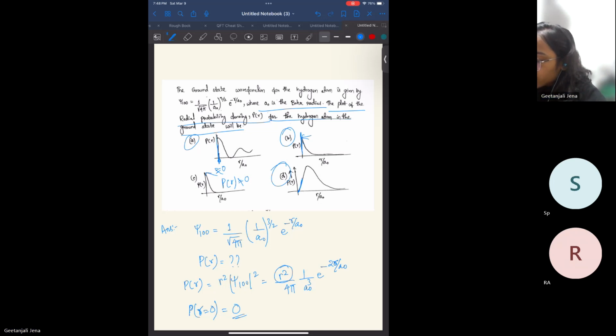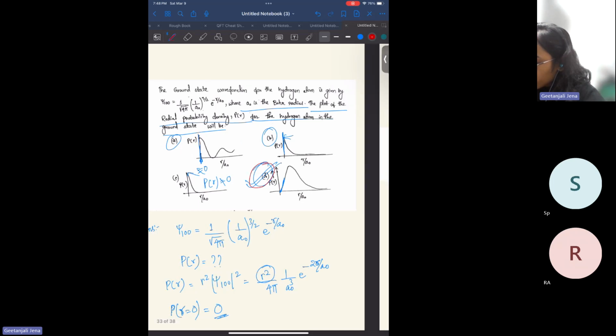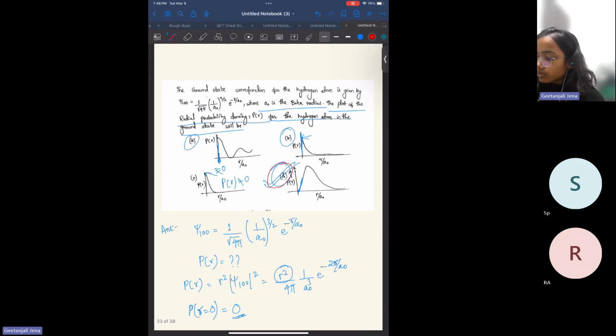So the graphical representation is D. You don't have to calculate any other value; by seeing the distribution of radial probability density at the origin, we can easily find the plot.